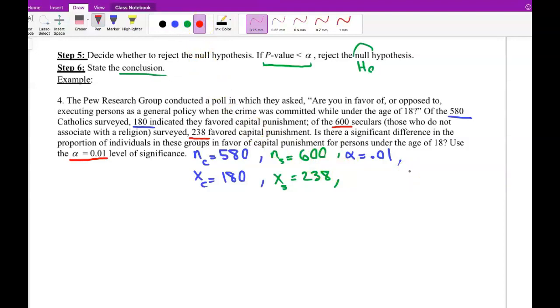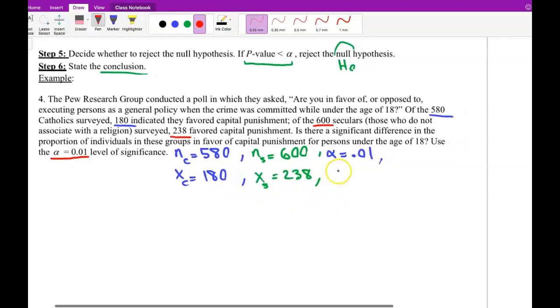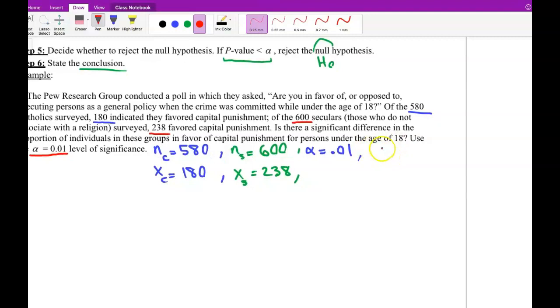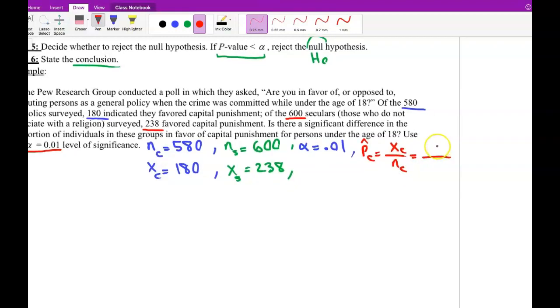Okay, now we should find the sample proportion for these two, for each one individually. So P hat C is equal to X_C divided by N_C. X is 180 divided by 580.